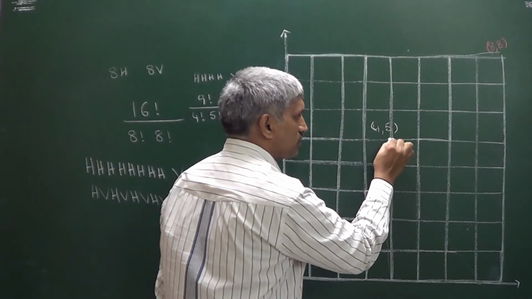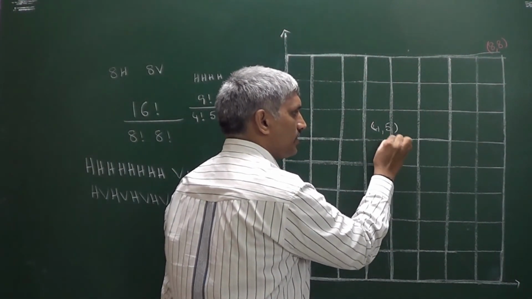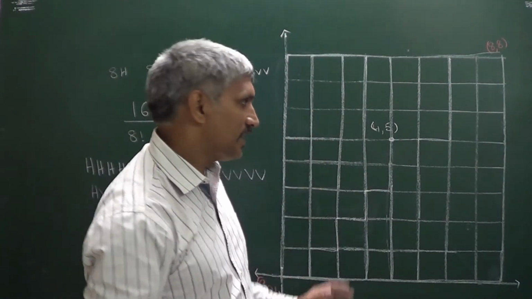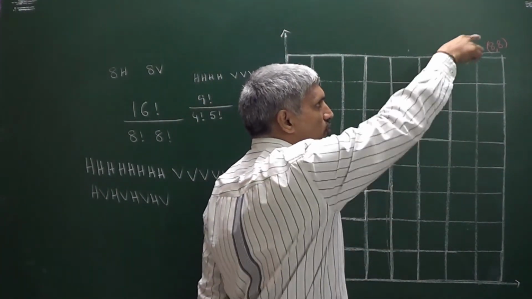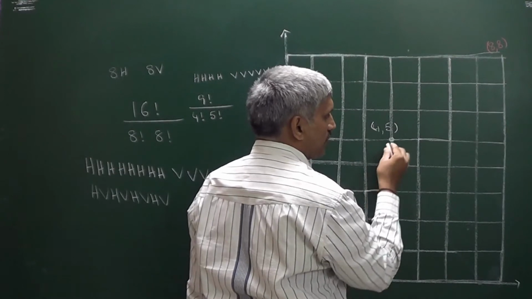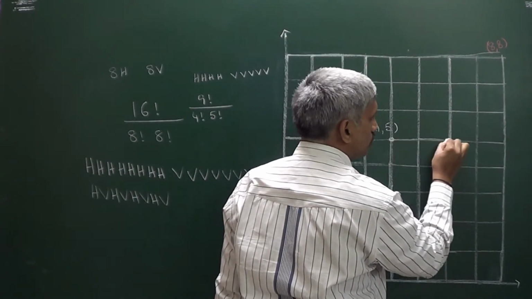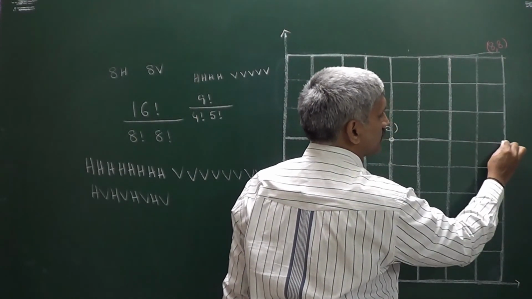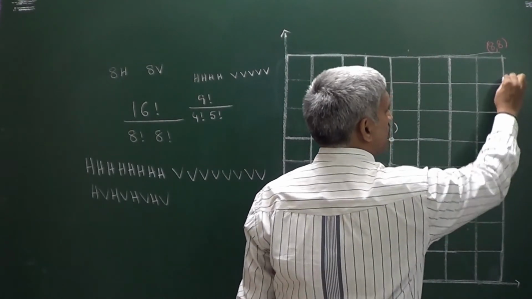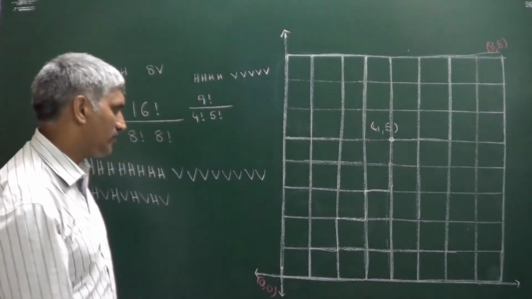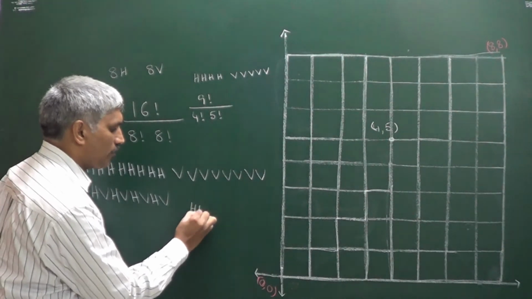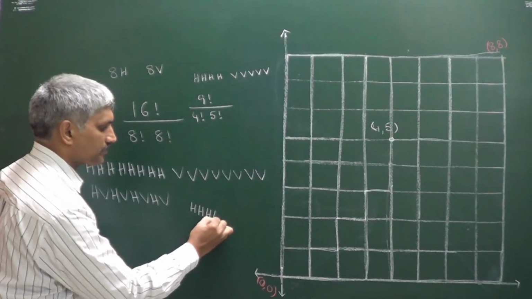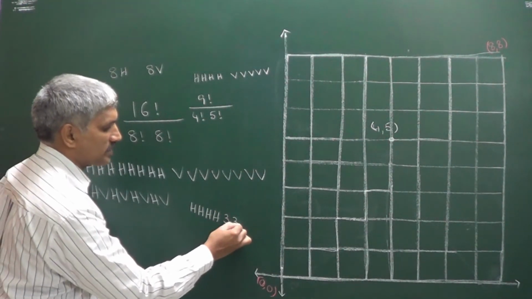So after reaching this particular point, after saying good morning, again from here he has to go to 8, 8. To go to 8, 8, there are 4 horizontal steps and 3 vertical steps.